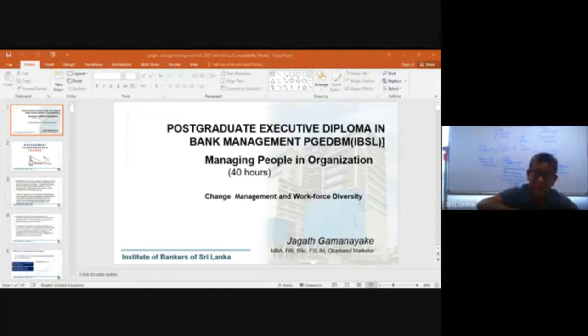Lankaputra Bank was taken over by the Regional Development Bank, and that is the strategic plan, right? It is acquisition. So it's a changing process for the Sri Lanka Savings Bank as well as for the National Savings Bank, Lankaputra Bank, and Regional Development Bank. So that is a strategic plan.